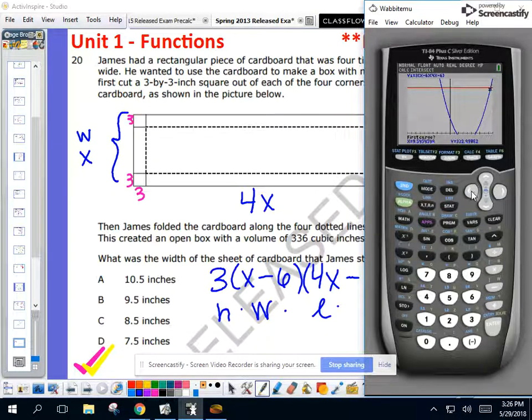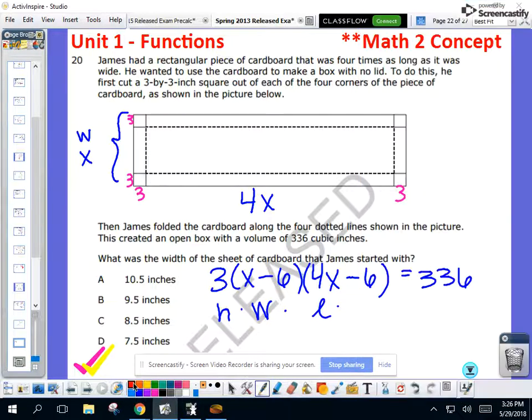We'll intersect right around there, and the x value is 9.5. Once again, this question was asking us what is the width of this cardboard box, and the width is equal to x. So 9.5 inches is our answer.